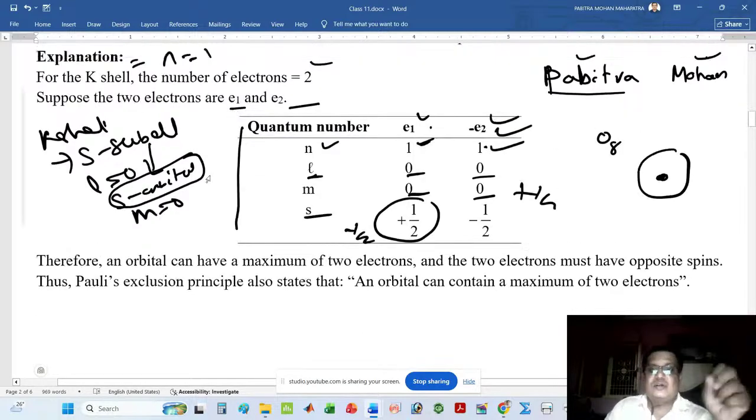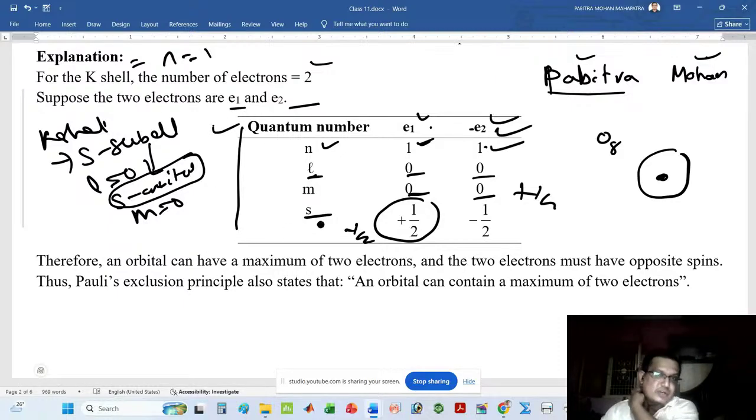So from this data, it is clearly proved that an orbital can have a maximum of two electrons, because if you think about the two electrons present in the K shell, the two electrons have different s values. One is plus half, another is minus half. There is no other value.